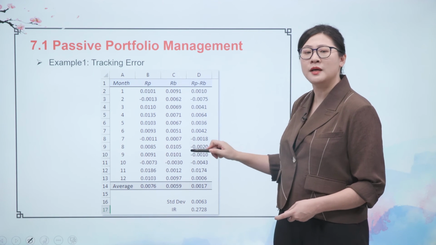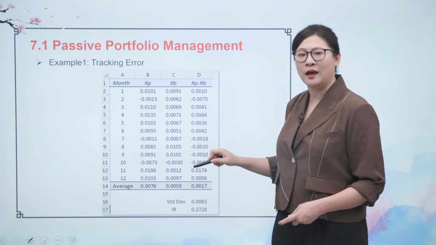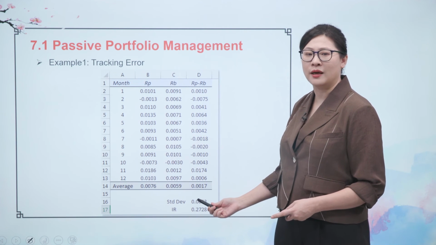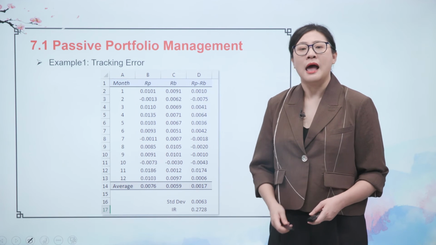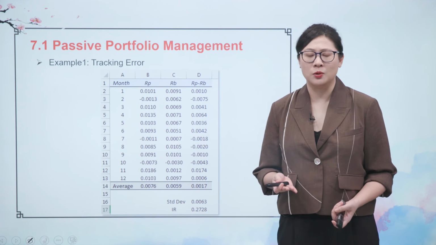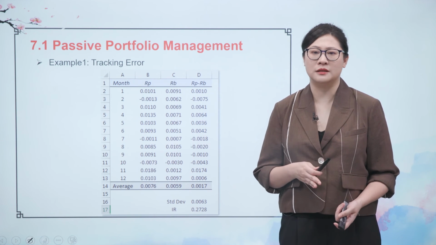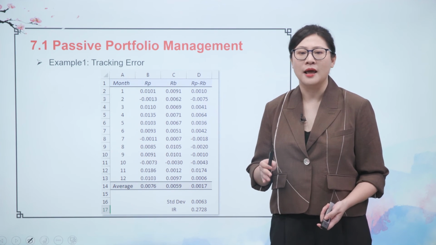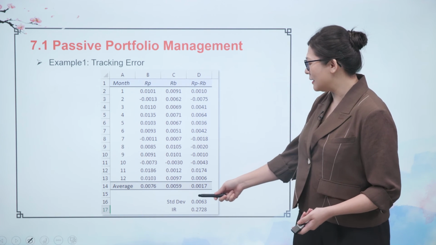So you type equal STDEV and select all the data here. You can get this number, the standard deviation. And if you don't have Excel, you can base it on the previous equation to calculate the standard deviation by hand.